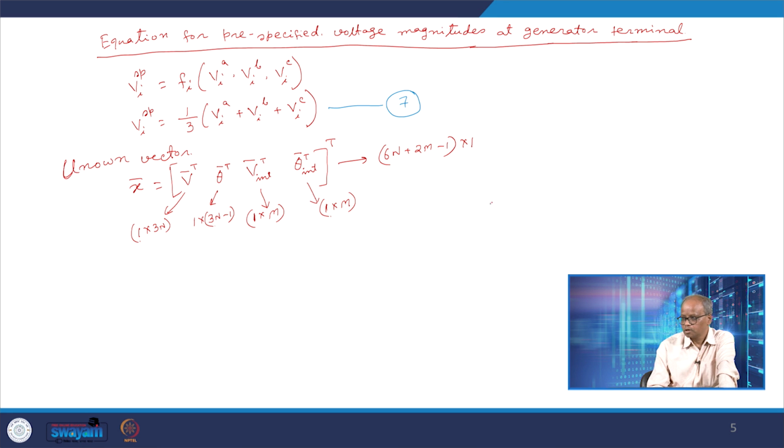So I can simply write the unknown vector, capital X, like this: V, theta, V int, theta int.